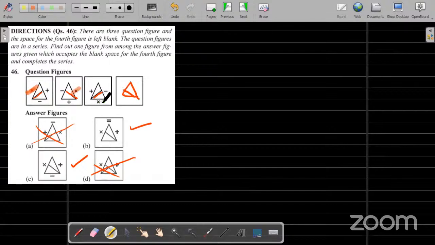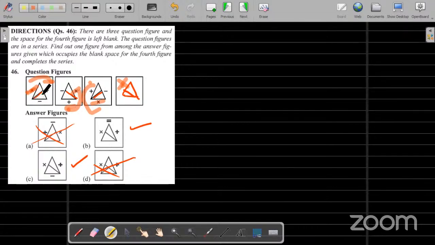Then it comes to the bottom, and it has to be on this side. It goes in a cyclic way, right? Clockwise. Cyclically, it moves in the clockwise direction. From here to here first, then from here to here, then from here to here. So it has to be in this position, and that happens in both the options. That also cannot be the answer.